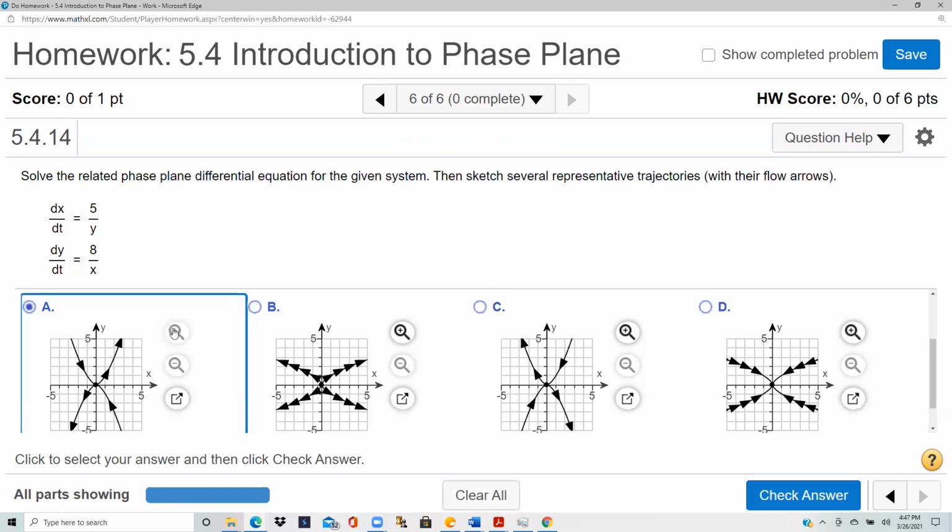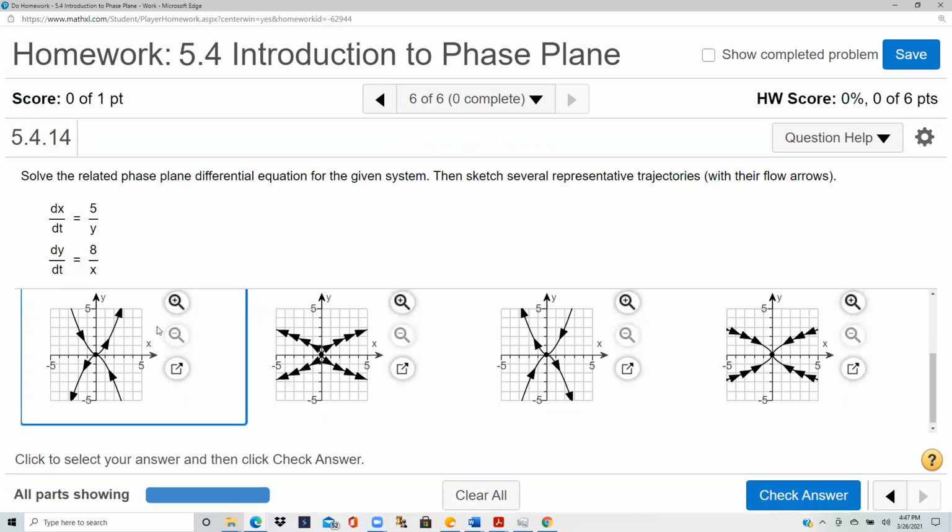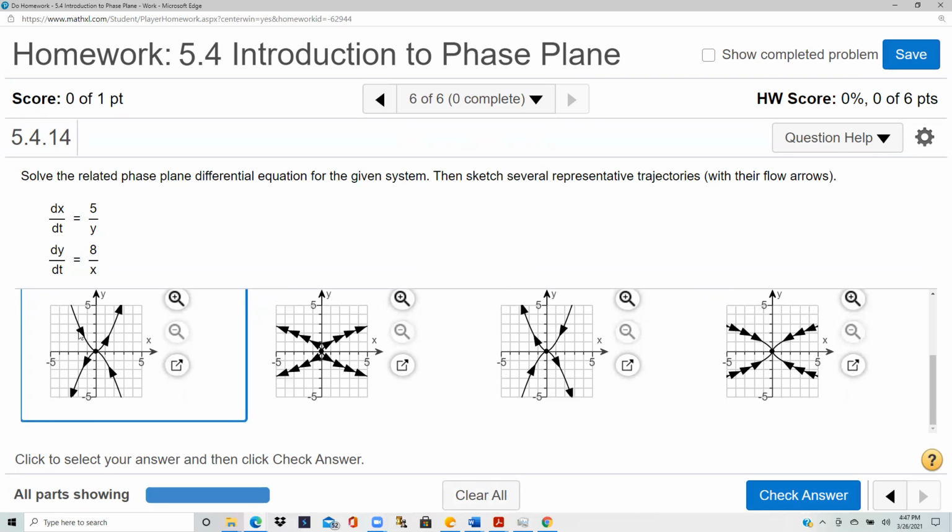So we already know it's this one. And we can just check the others also. In the second quadrant, y is still positive. So again, dx over dt should be positive, and so x should be increasing, which is what this is doing.